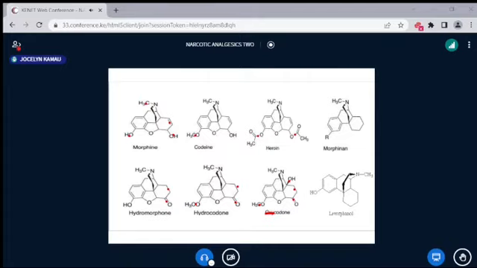You can draw any of them as long as you understand what the name means. The name of these drugs, when you understand it, is equal to a specific structure. So I've said we leave out the morphinans, and levorphanol, which is a morphinan. We are going to look at the morphinans a little bit later.